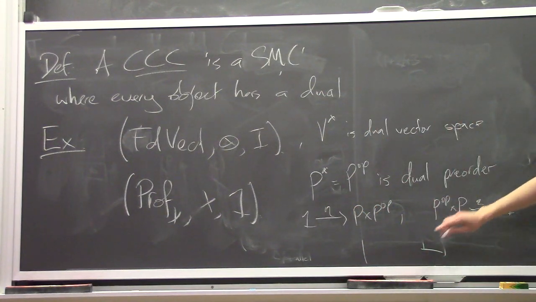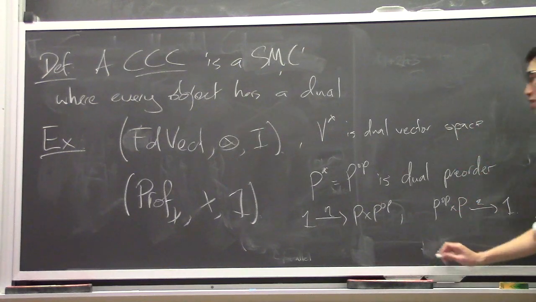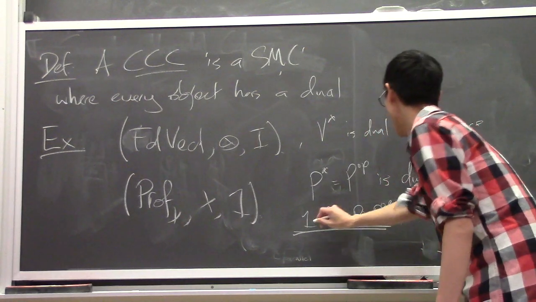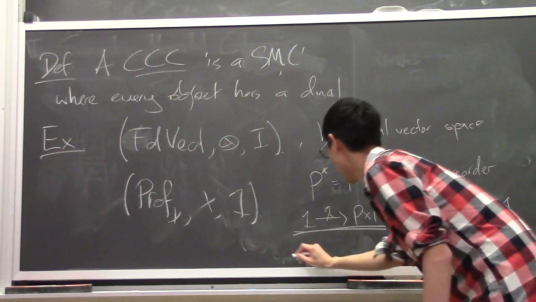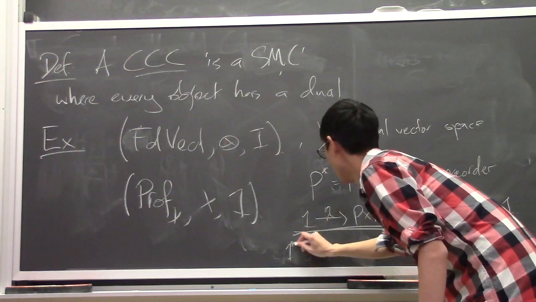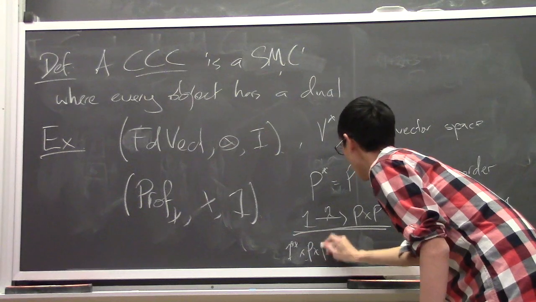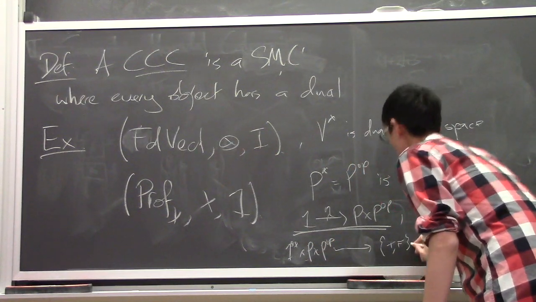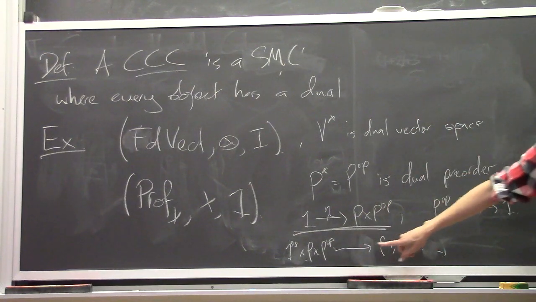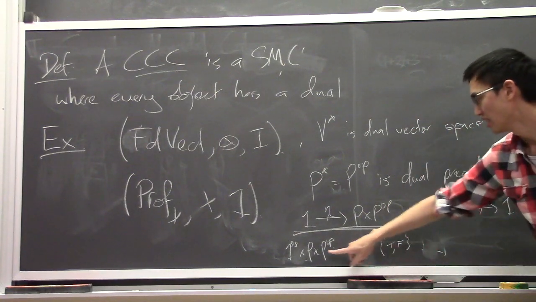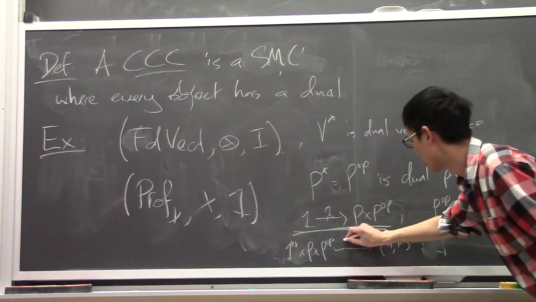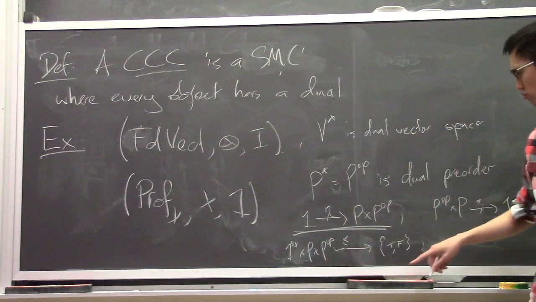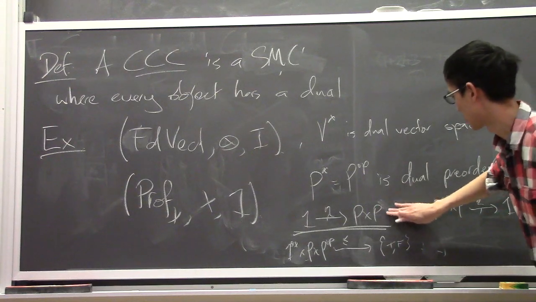So what are these profunctors? A profunctor from 1 to P times P op is the same thing as a functor from 1 op times P op to the Boolean values true, false. And there's a functor we've used many times, called less than.